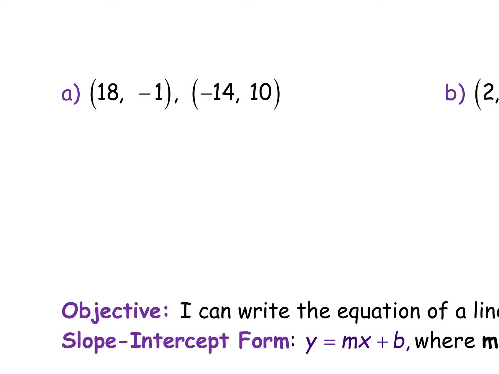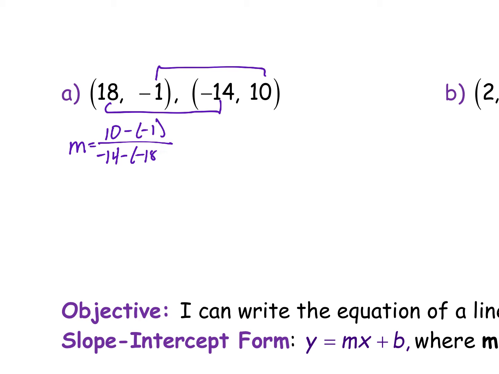Okay, so here we go. My slope is going to be, let's see, I think I did it wrong. 10 minus a negative 1, right? Over 10, so negative 14 minus a negative 18. So 10 minus minus 1 is? 10 minus 18, thank you.